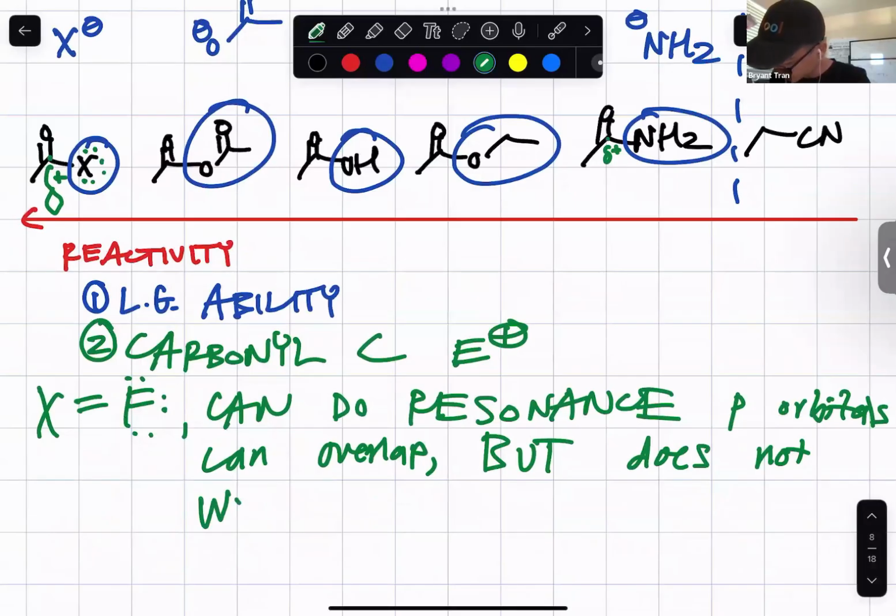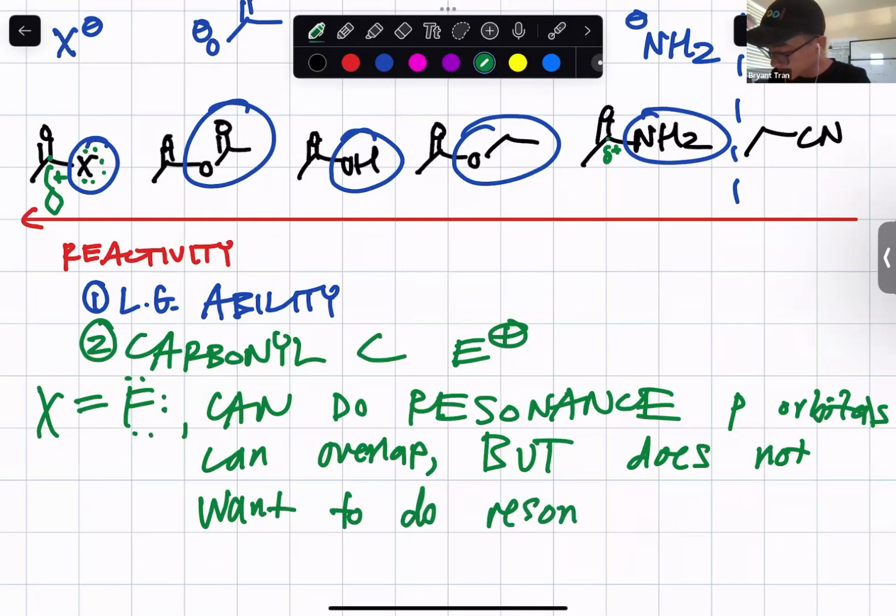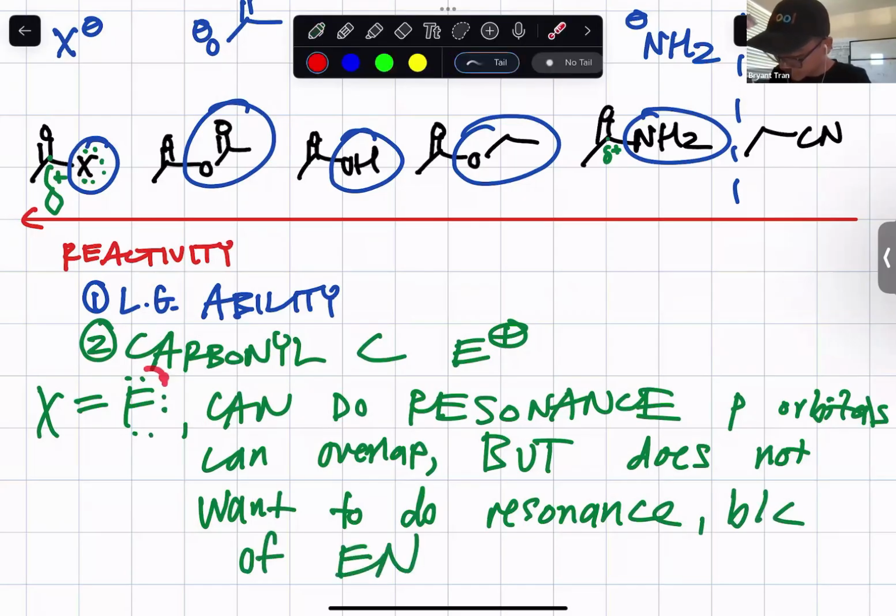The fluorine does not want to do resonance because it's the most electronegative atom. It's like it wants to keep its electrons, right? Because of electronegativity. Since fluorine is the most electronegative atom, it wants to keep its pairs of electrons. It doesn't want to donate its electrons to this carbonyl right here. And because it's not donating electrons to that carbonyl, it's not gaining negative charge.